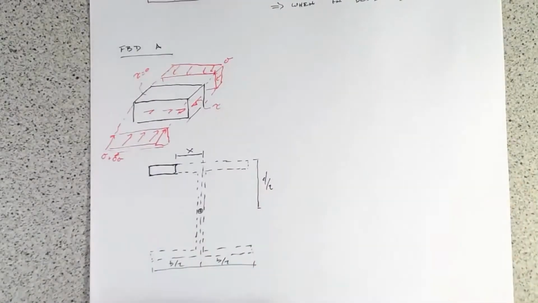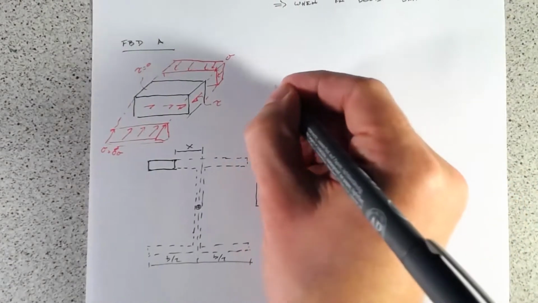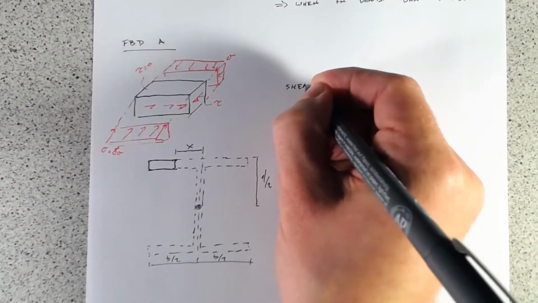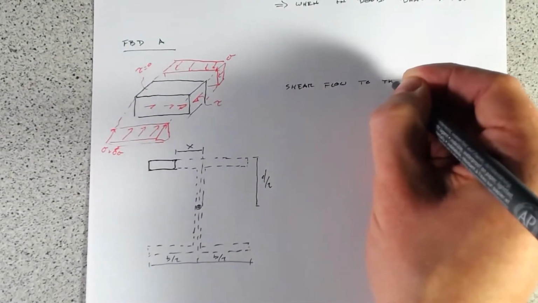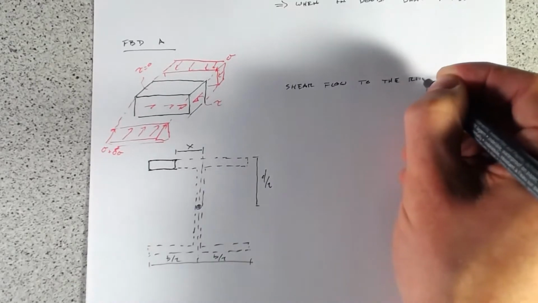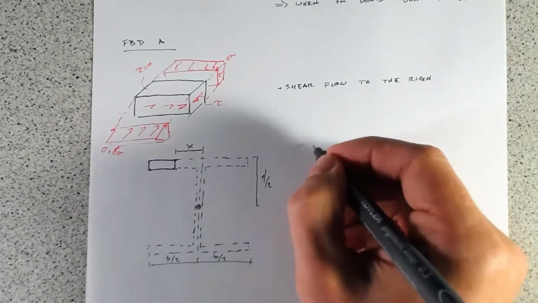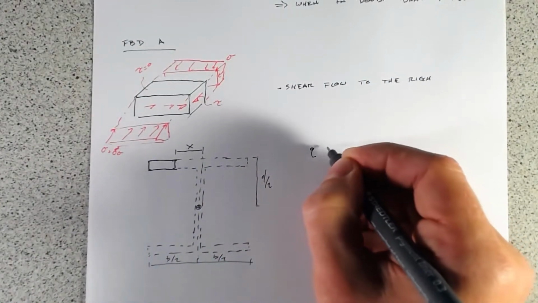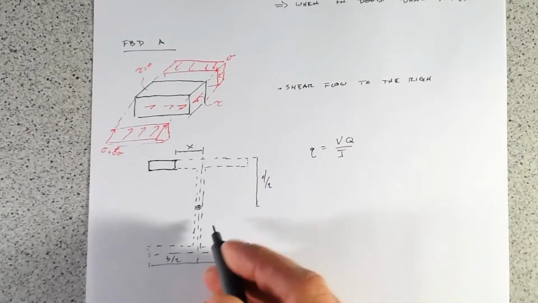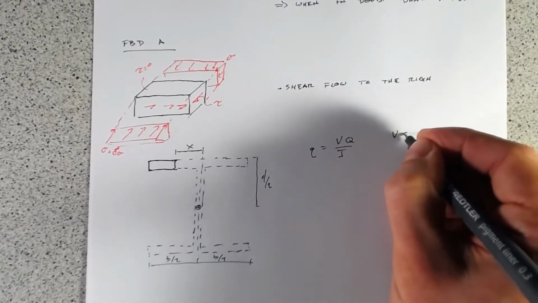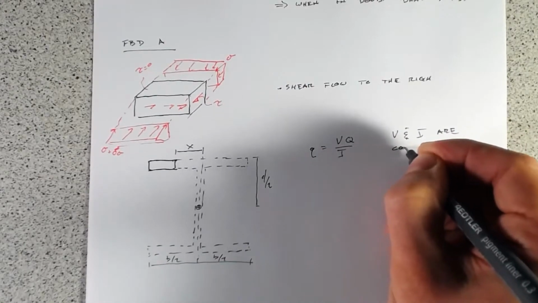Let's look at our shear flow equations then. Again, we've got shear flow to the right, that's just what we see here. And if we look at our shear flow equation, q equals VQ over I, as we said previously, V and I are constants.